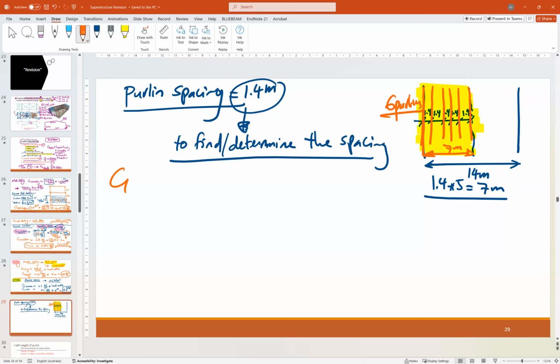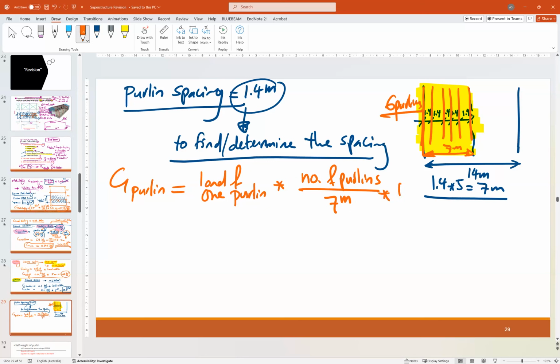So now G purlin will be equal to the self weight of the purlin, or load from one purlin, multiplied by the number of purlins, divided by 7 meter, multiplied by the load width. How do we get this one? We need to assume a section of the purlin.